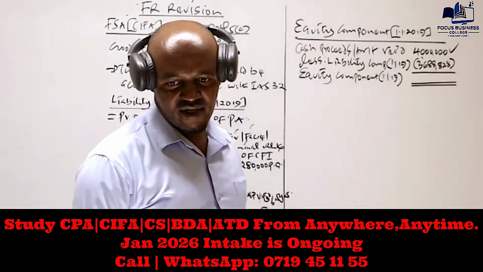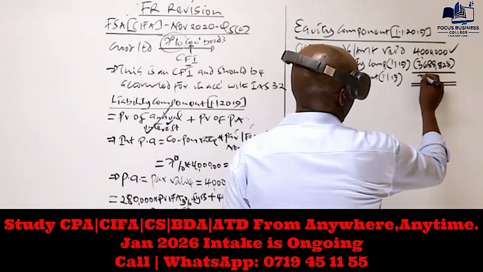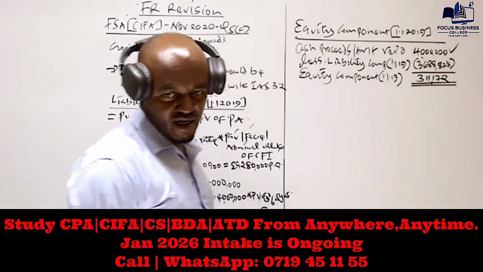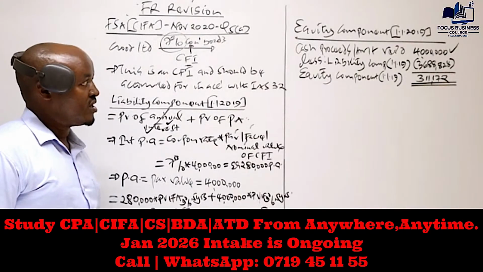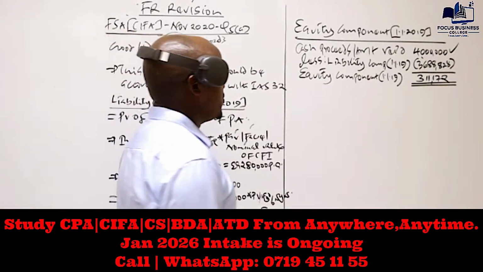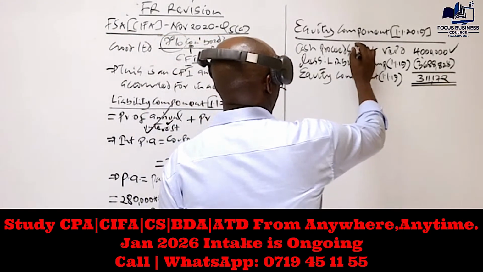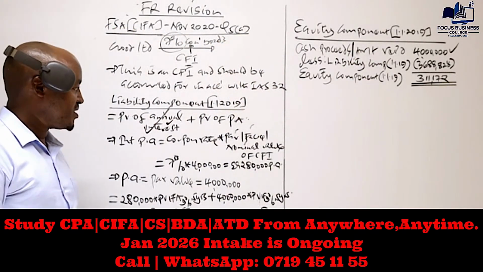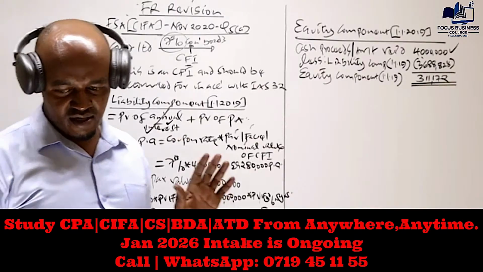That will give us 311,172. So that is basically how we split the equity component and the liability component.